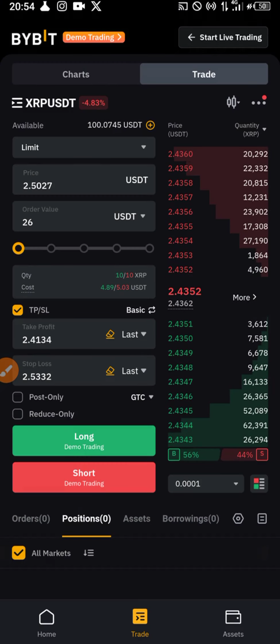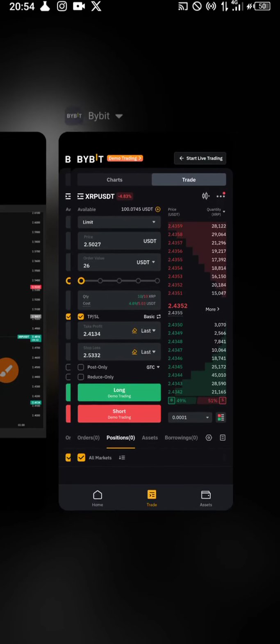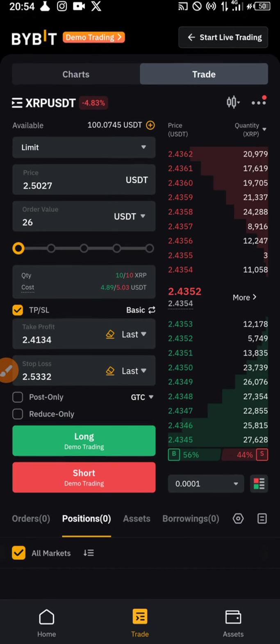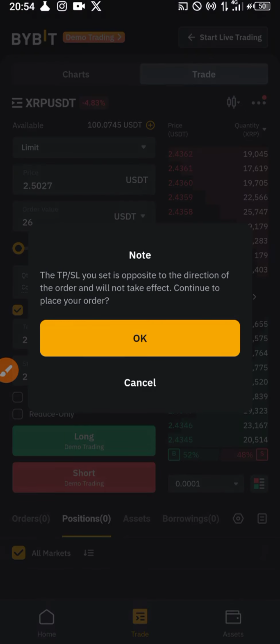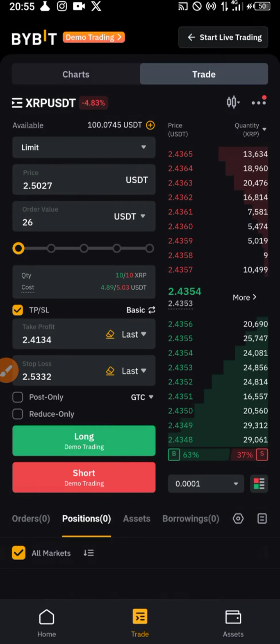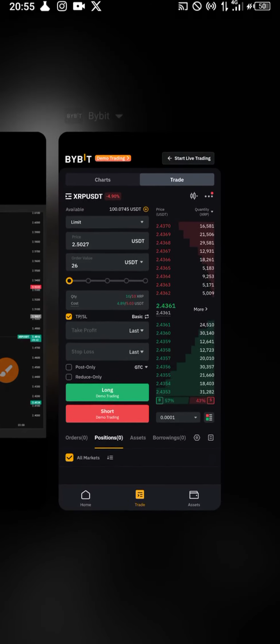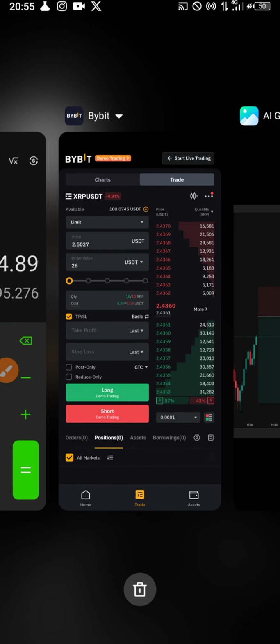Okay, take profit. Take profit is 2.4134. Entry is 2.5067.